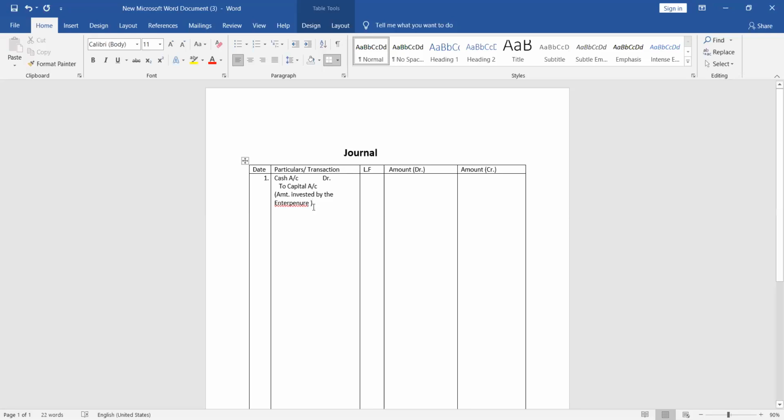In this way, the entry and the amount invested by the entrepreneur.